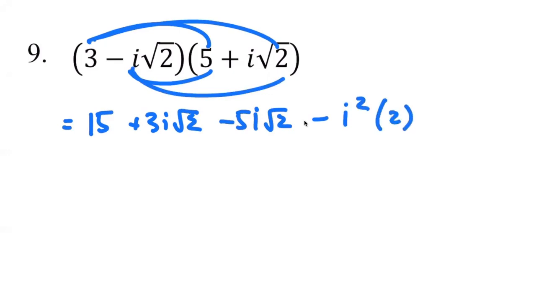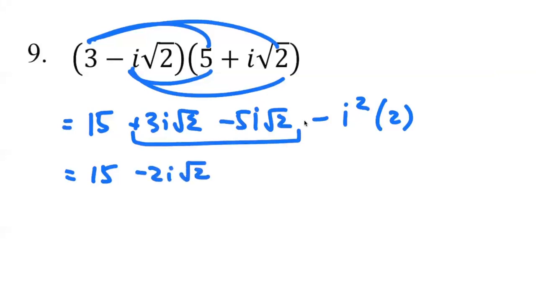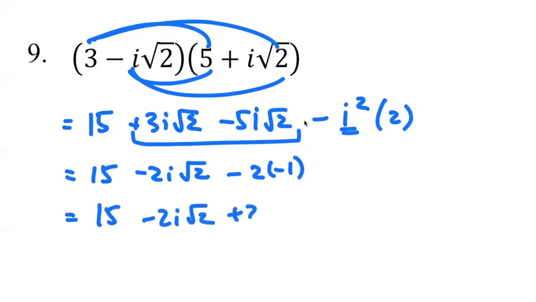So we have 15, and these are like terms, even though they look kind of ugly, they are like terms nonetheless. And then minus i squared is just negative 1, right? So that becomes addition. So 15 minus 2i root 2 plus 2.